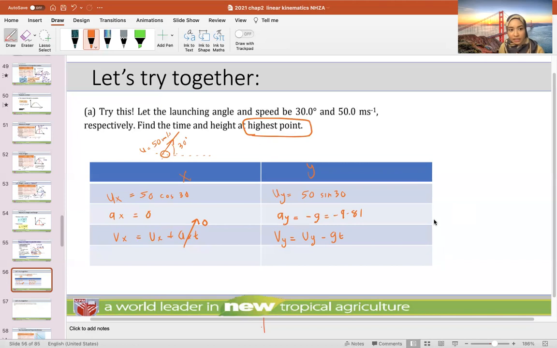Yes, Doctor. What is the most important thing to remember when you're solving maximum height?